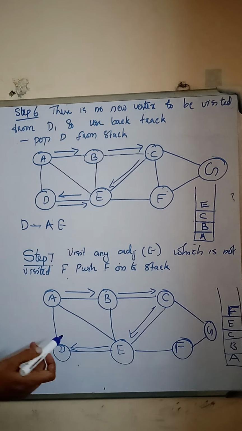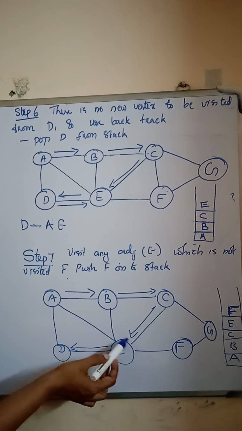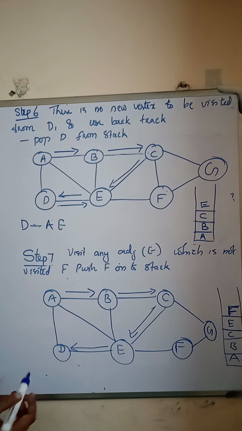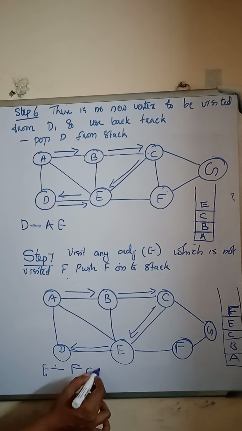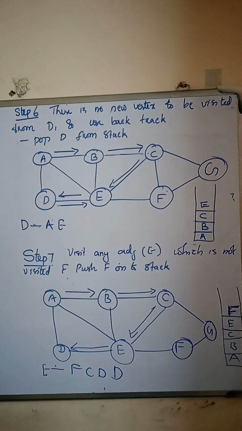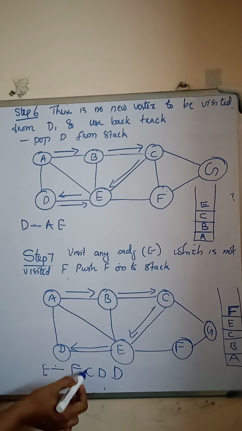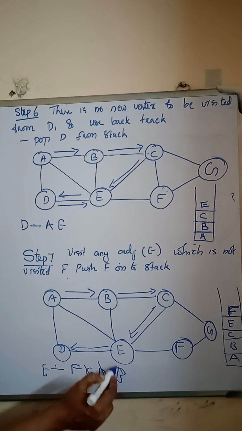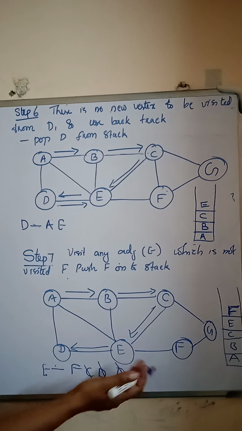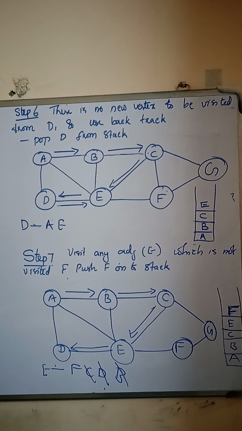Next step, visit any adjacent vertex of E. The adjacent vertices of E are F, C, B, D. C is already visited, D is already visited, and B is already visited. So F is the only adjacent vertex not visited earlier.